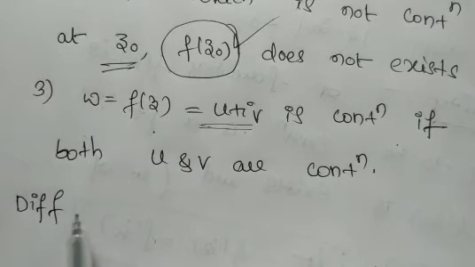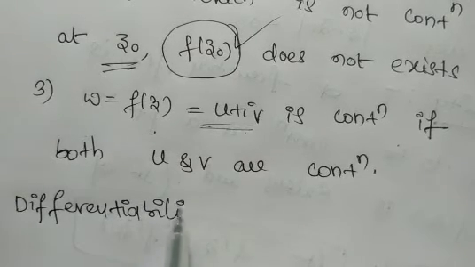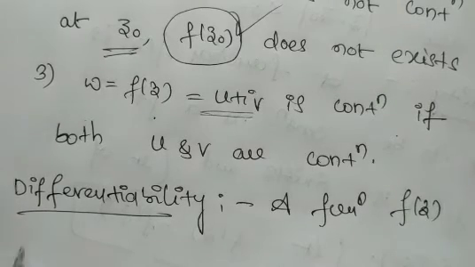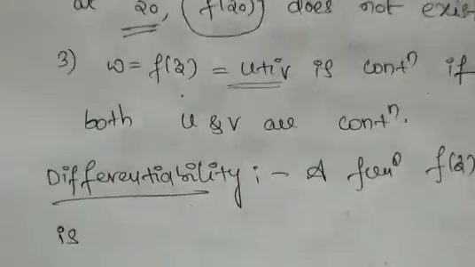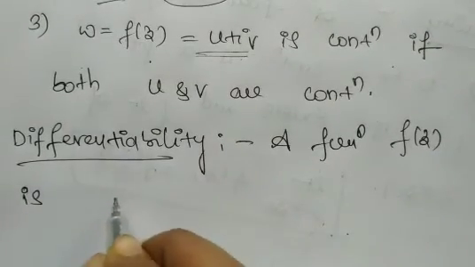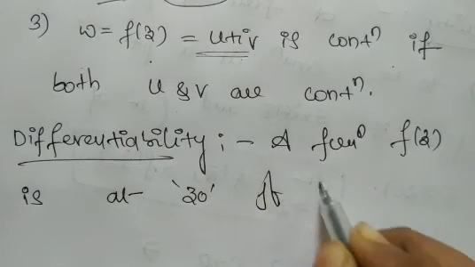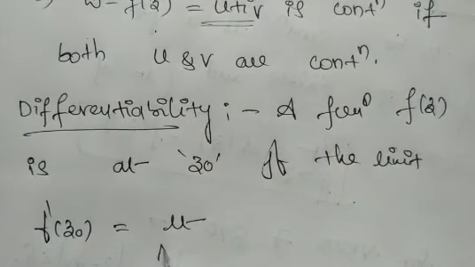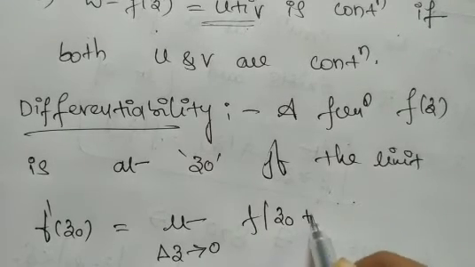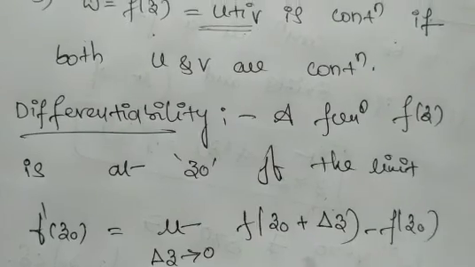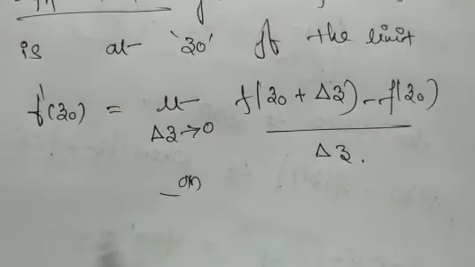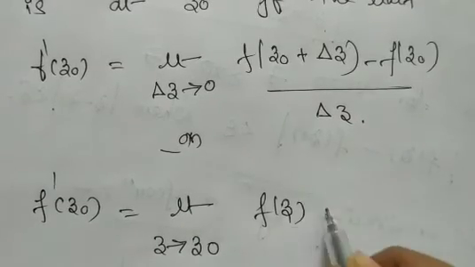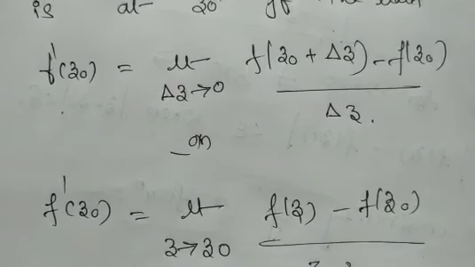Next one, differentiability. The definition of a differentiable function: a function f(z) is differentiable at a point z0 if the limit exists, that is f dash of z0 equal to limit delta z tends to 0 of f(z0 plus delta z) minus f(z0) by delta z, or this can be written as f dash of z0 equal to limit z tends to z0 of f(z) minus f(z0) by z minus z0.